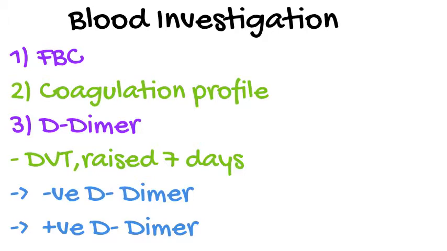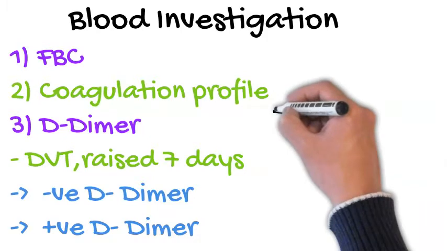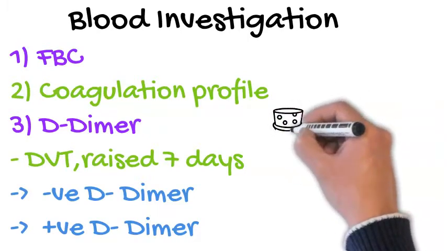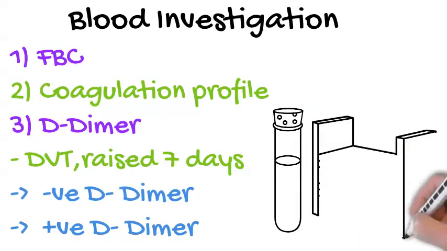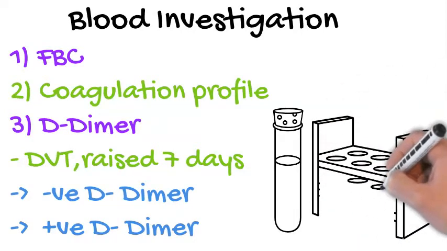D-dimer will be raised in a DVT patient for 7 days. A negative D-dimer, I can rule out DVT in a patient with low to moderate risk and Wells score less than 2. In a positive D-dimer patient, it will be a moderate to high risk of DVT, Wells score more than 2. I need to proceed to duplex ultrasonography.